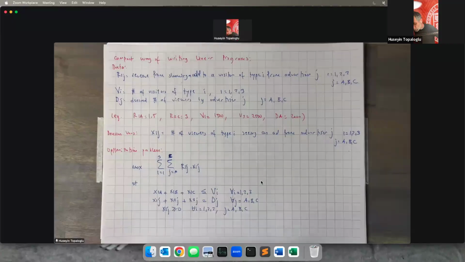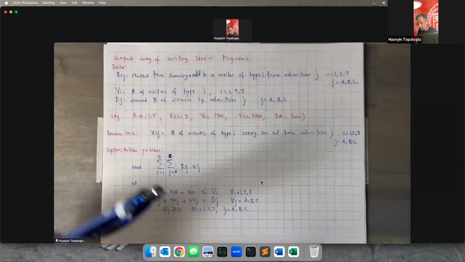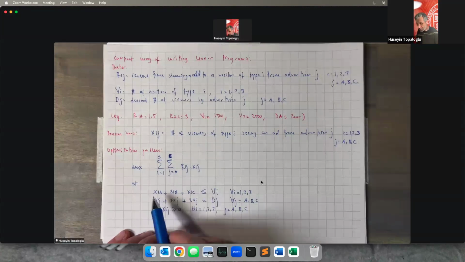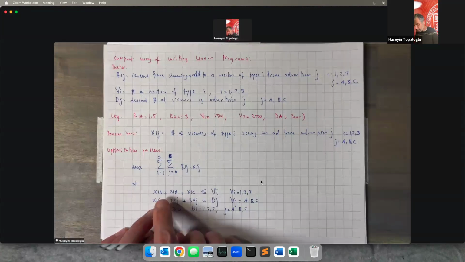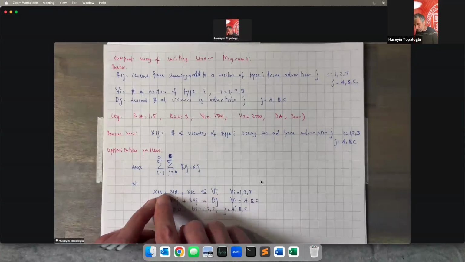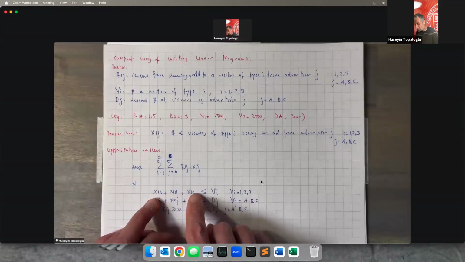Okay, good. So now we can write these constraints in an even more compact fashion. In particular, let's look at the left-hand side of the first constraint. What are we doing? For fixed I, we're adding XIA, XIB, XIC.